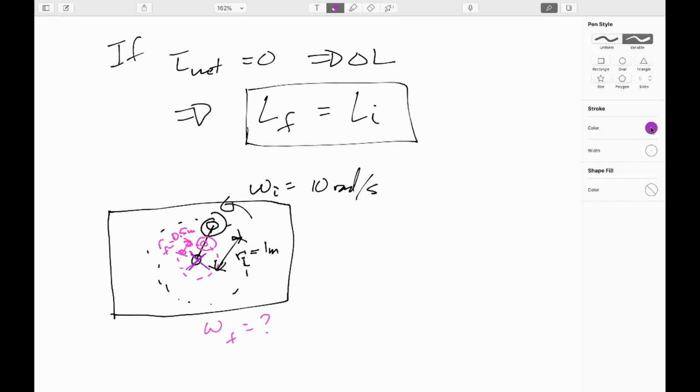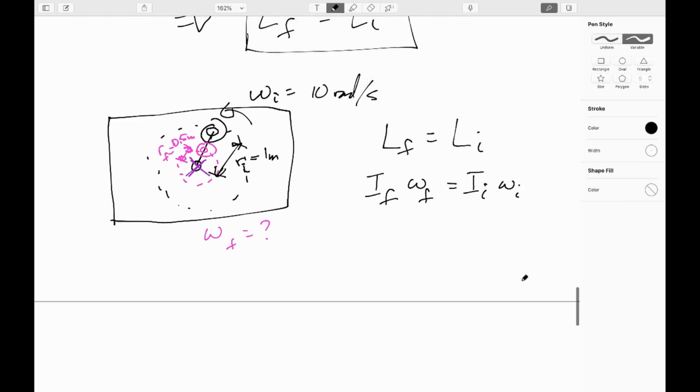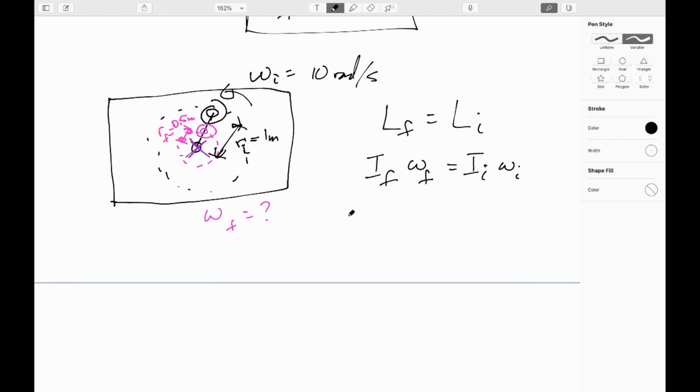So because the net torque on the washer is 0, we can demand that the final angular momentum equal the initial angular momentum. So this will be I final omega final equals I initial omega initial. So we get that omega final will be I initial over I final times omega initial.